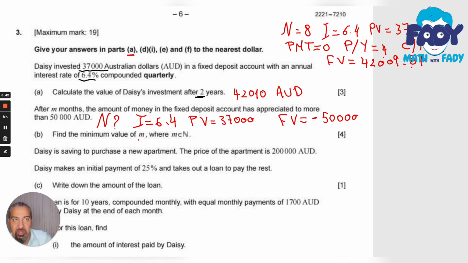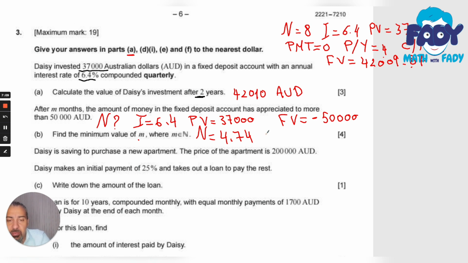Once we press solve, N will be 4.74. Is this the number of months? No, this is the number of years. It is how many years it will take until the future value reaches 50,000 Australian dollars.